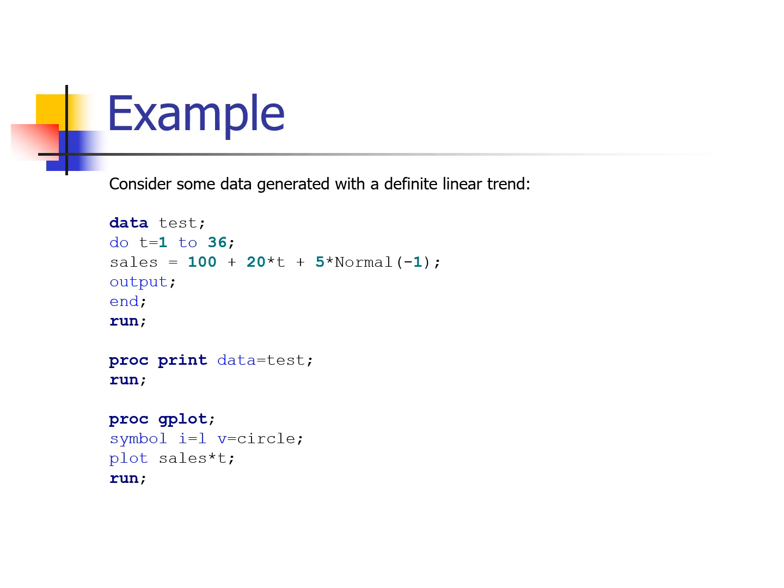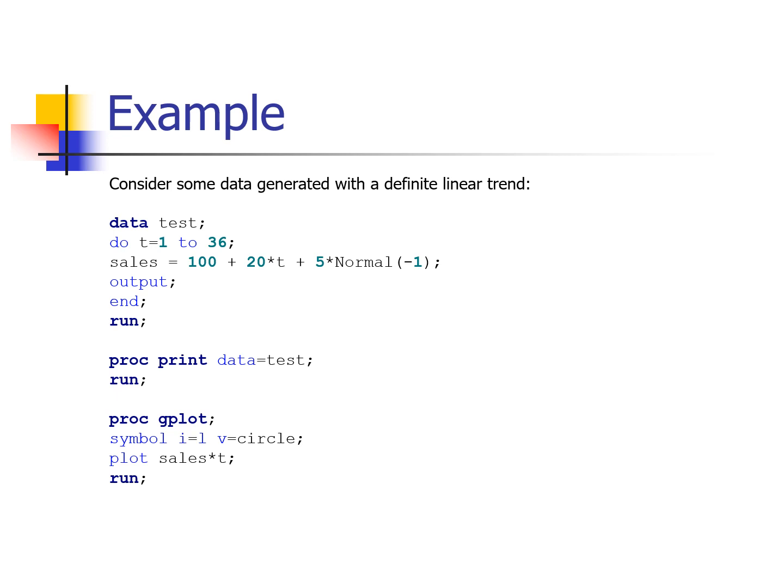It's a standard normal distribution, and I multiply it by 5 to change that variation so it's not 1. Then I did a proc print just to make sure that I did it correctly, and then I did a plot of it. So I plotted sales by time, which I believe is going to be the next slide.